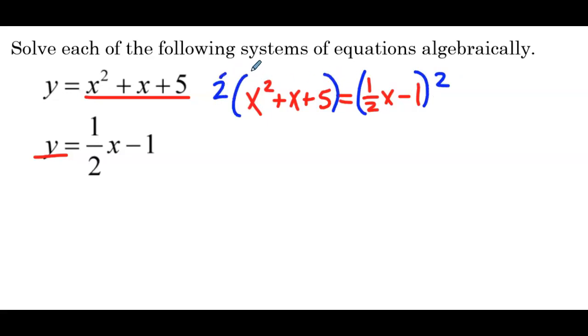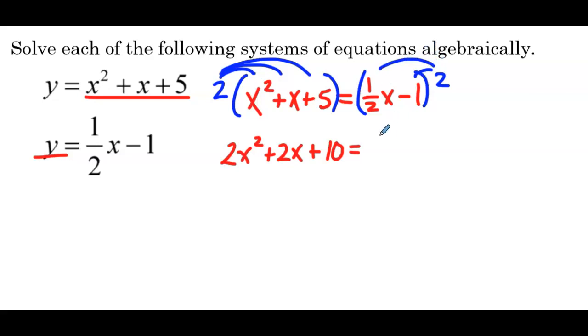So we'll distribute 2 into the trinomial. So we have 2x squared plus 2x plus 10. And we'll distribute the 2 into the binomial, which would give us x minus 2. Now we have a quadratic equation, so it needs to be equal to 0. So we have 2x squared. Subtracting x on both sides gives us plus x. Adding 2 on both sides gives us plus 12 equals 0.